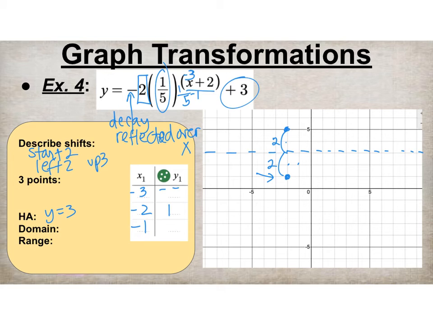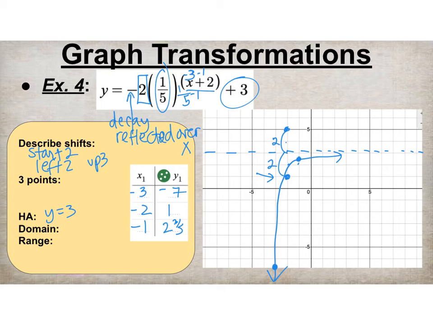Plus 3 is -7. So we're way down here. And then plugging in -1, plus 2 is 1. So -2/5 plus 3 is 2 3/5. -1, 2 3/5, somewhat up there.